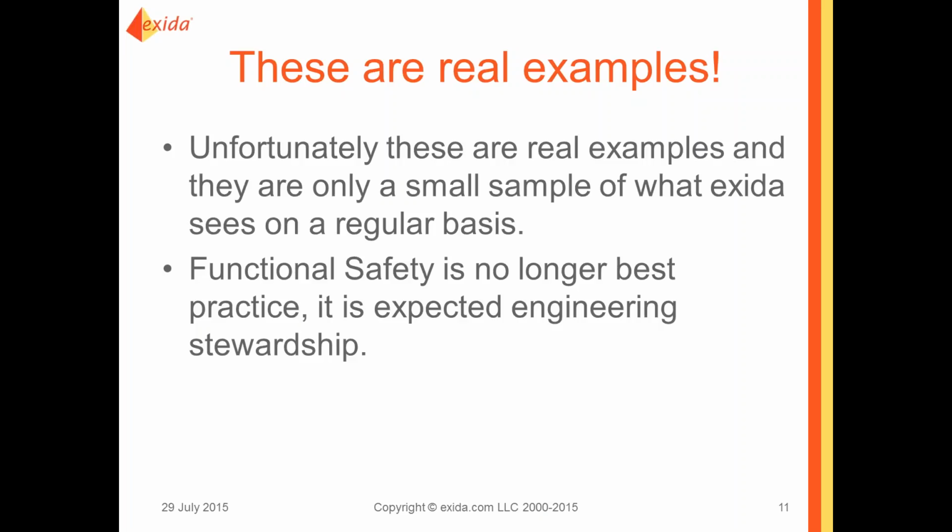These end users relay to us that they see these same issues, where they're getting unrealistic designs based on unrealistic failure rate numbers. An important thing to realize is functional safety is no longer a best practice, it's expected engineering stewardship. Those of us involved in these safety critical systems have a responsibility as engineers to design them to current standards and to the best of our ability.